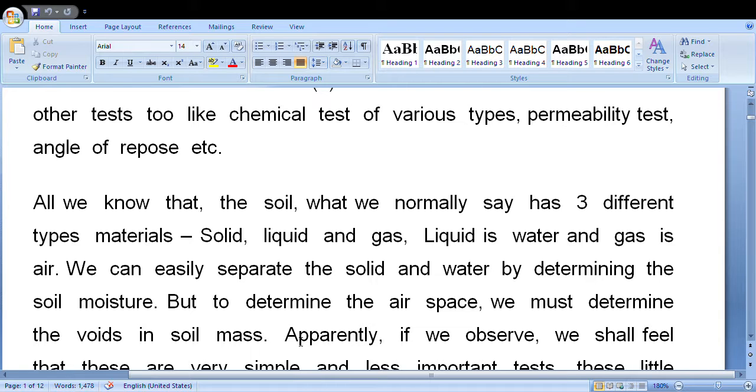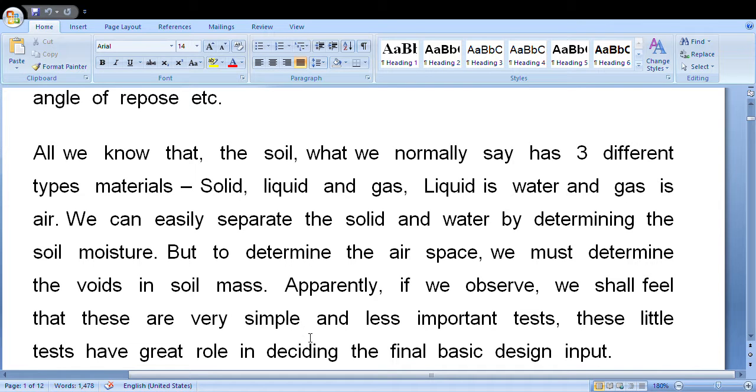Some spaces are yet to be filled with water. So we have to be very sincere about the testing procedures and especially the preparation of the test specimen.